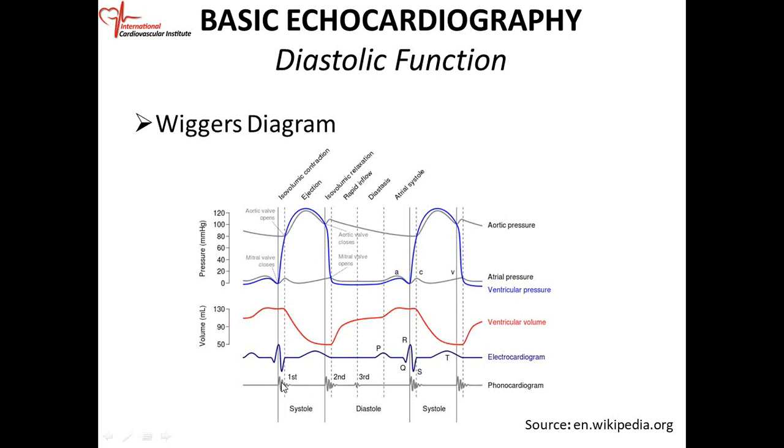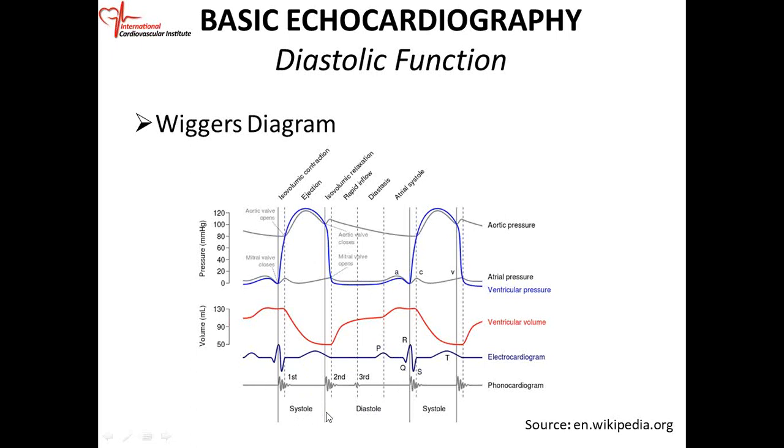After the mitral valve closes, you're going into systole, and when the aortic valve closes, that's the end of systole. So when you hear S1 and then S2, that period of time is systole, and from S2 to S1 again is diastole. You realize that the diastolic period is a little bit longer than the systolic period.